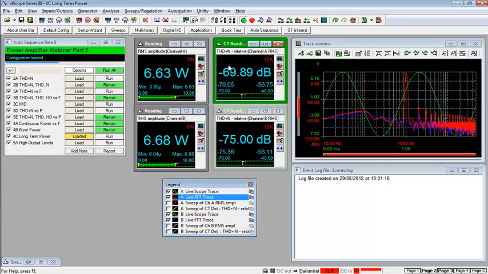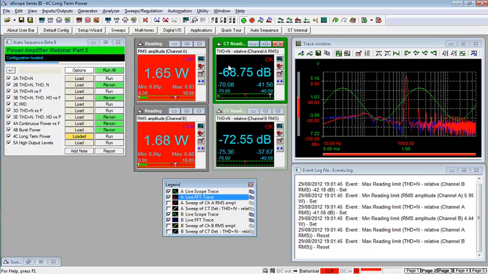I could set up another reading here for the gain or whatever else I wanted to test. And what these readings will do is these will illuminate red if the test limits are breached at any point. So let's just pretend that the amplifier's got too hot and it's going to attenuate the signal. The gain has been reduced to save the amplifier from going up in a big cloud of smoke.